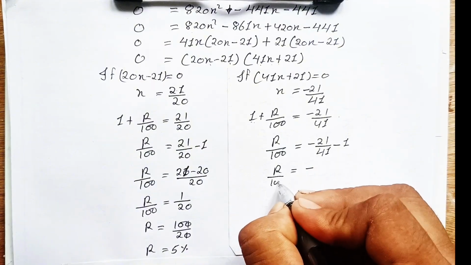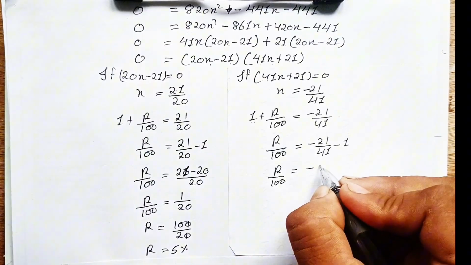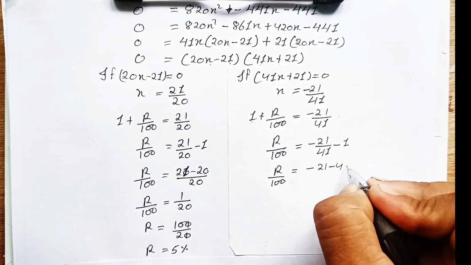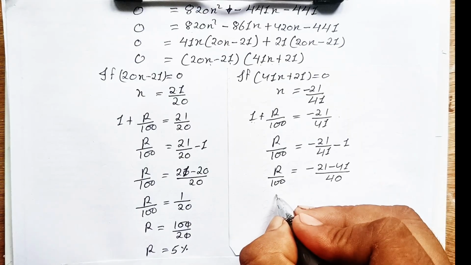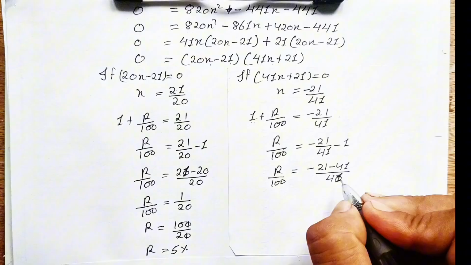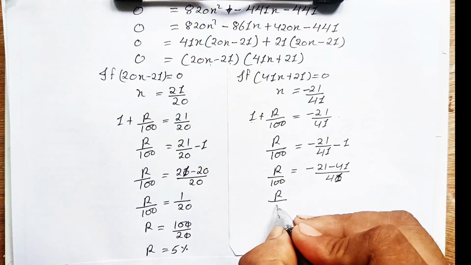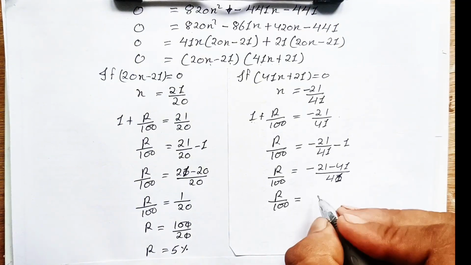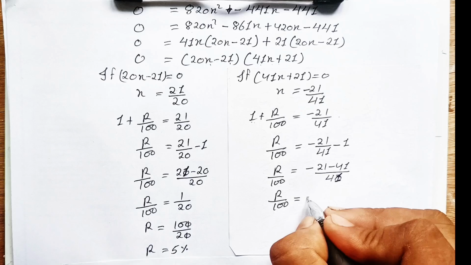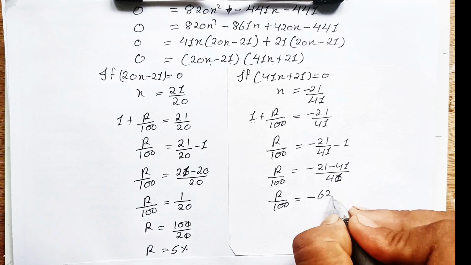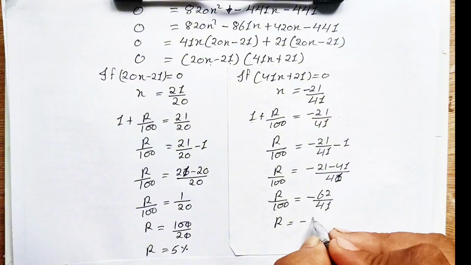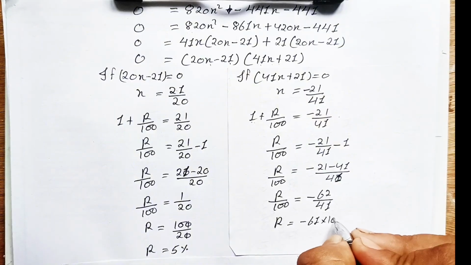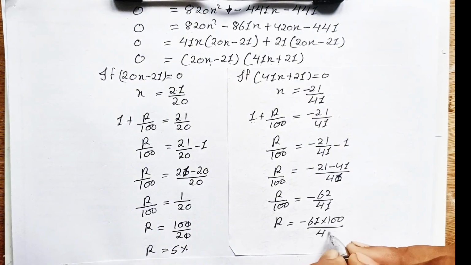So overall r upon 100 is equal to minus 21 minus 41 upon 41. So it comes to be r upon 100 equal to minus 62 upon 41, and r equal to minus 62 into 100 upon 41.